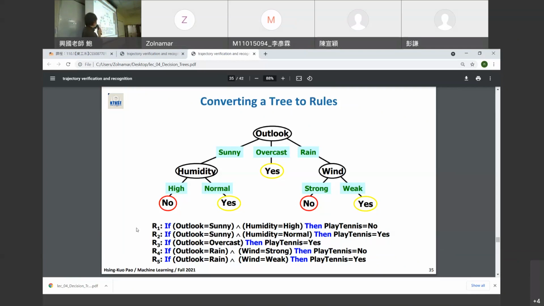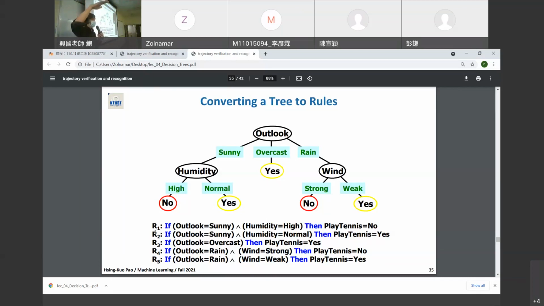Such as between rules 1, 2, 3, 4, 5, which one should be the most important one? That's not that easy to decide. Roughly speaking, if one rule covers, let's say, 80% of the data, a higher percentage, then we should let that rule go earlier.